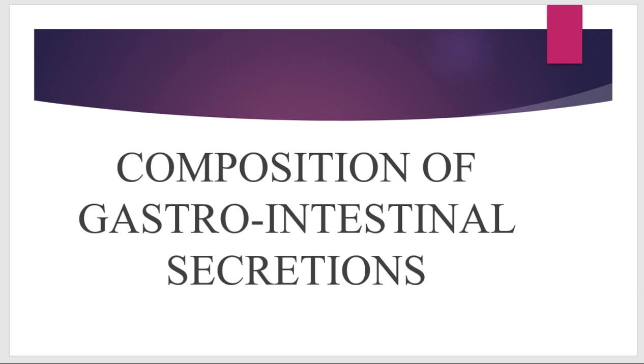And all of you know that this major duodenal papilla is a transition zone. The gut proximal to this point is derived from the foregut, and distal to this point is derived from the midgut embryologically.